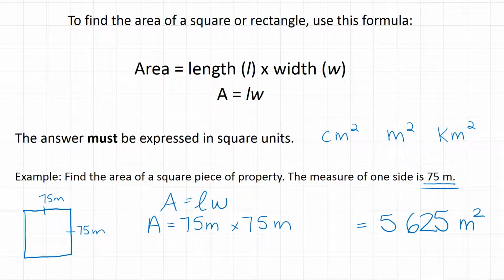See, it's pretty easy. We're just multiplying the length and width together to find the area. The only tricky part is you have to remember that units are squared in this case, and for perimeter they are not squared. They're just whatever the unit was because we're adding them together, not multiplying them as we are with area. Okay?